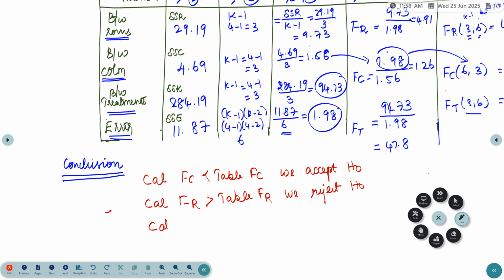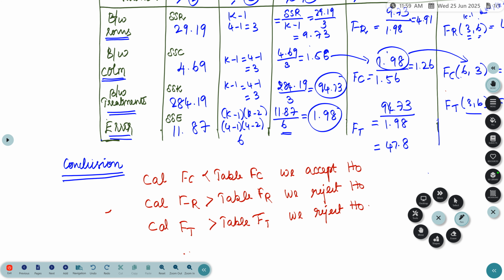Next, the calculated value FT is greater than the table value, so we reject H naught. This is the conclusion. Thank you.